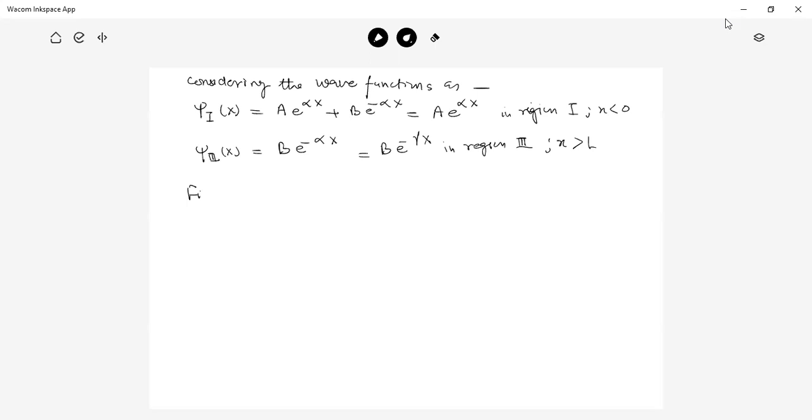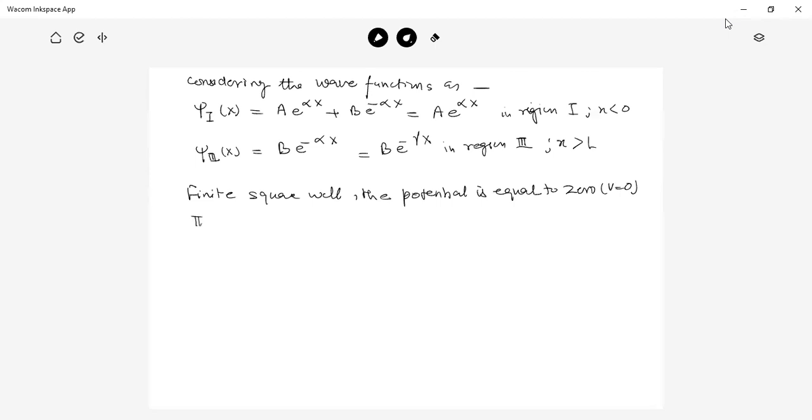For region 2, inside the finite square well, the potential V is equal to 0.